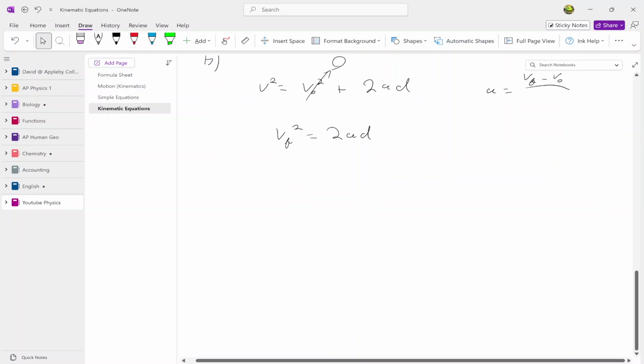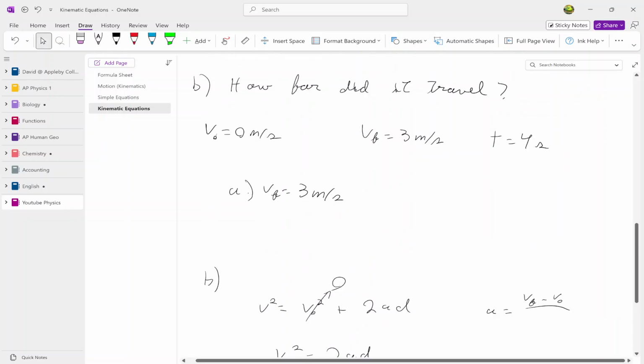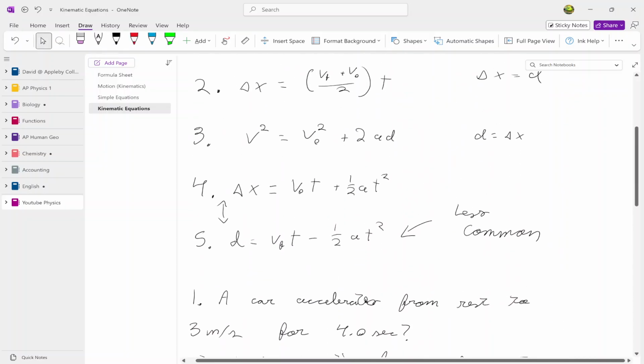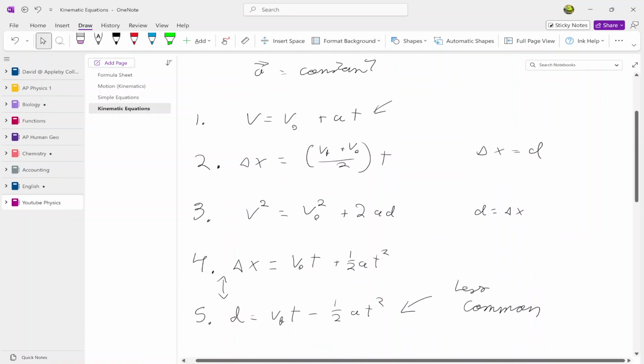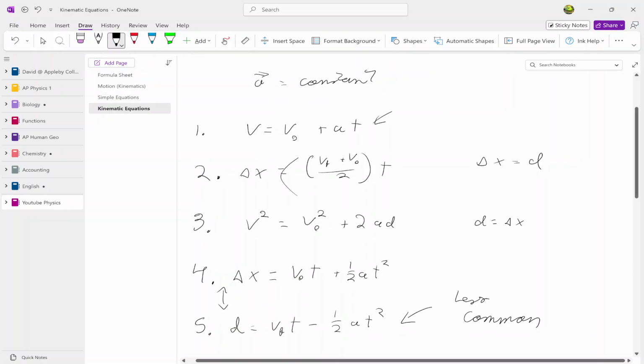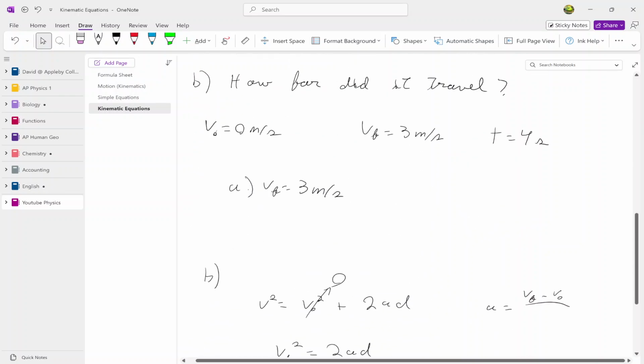All right. So divide by 2a. There we go. Those v f squared. Obviously, you can feel free to use any of these equations, really. I mean, preferably you would use this one right here. It's much more simple. It would just be 3 divided by 2 times 4.